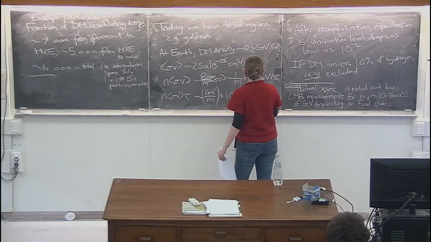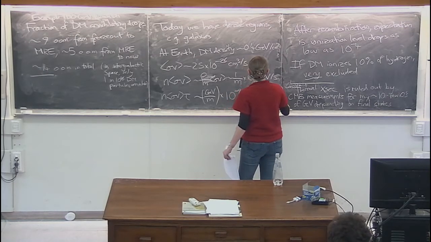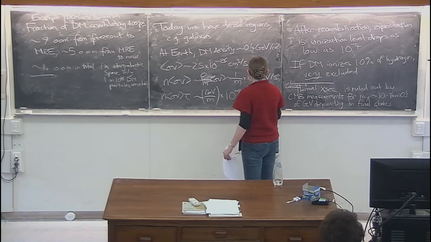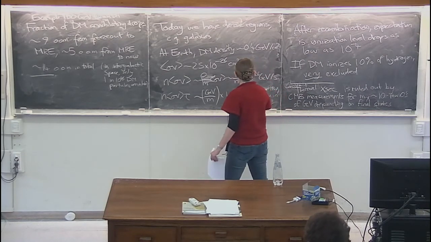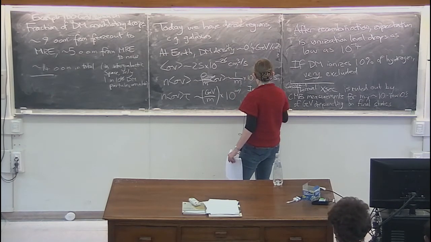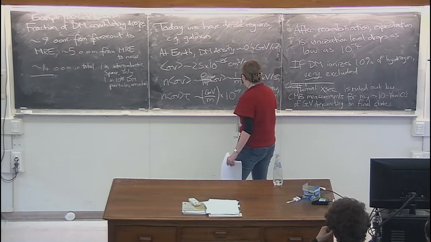So in our Milky Way, at our radius, roughly 1 in 10 to the 11 100 GeV DM particles would have annihilated over the age of the galaxy.